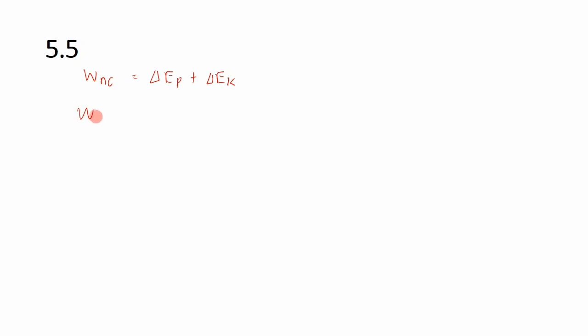The non-conservative force that we have is friction. The change in EK breaks down as half m times Vf squared minus Vi squared, plus the change in EP. Remember, kinetic is this, and the potential will be mg times height final minus height initial. Then work done by frictional force is what we're looking for.